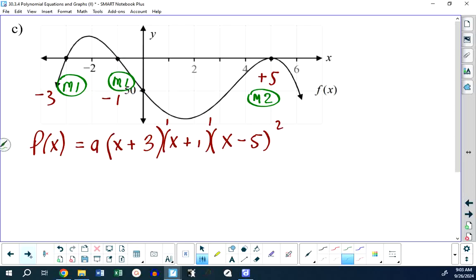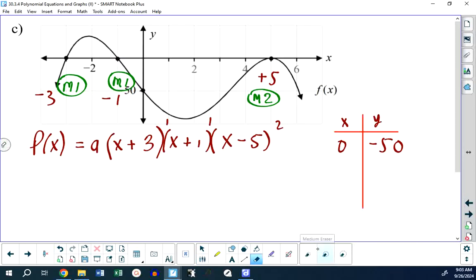Okay, so how do we find A? Well, we can put in 0 for x, negative 50 for y. I know that many of you maybe get tired of me drawing this table. I think the table is a nice visualization of what we're talking about here. But there's lots of points. This is just one of them.